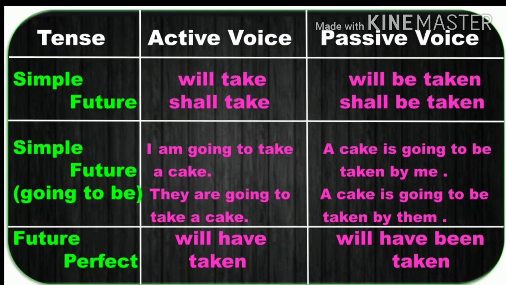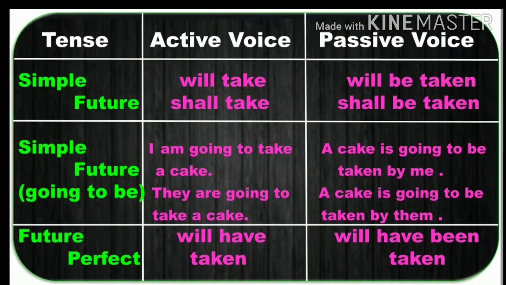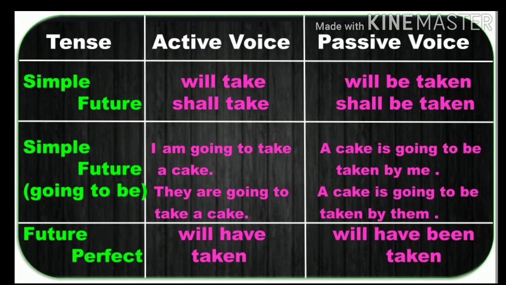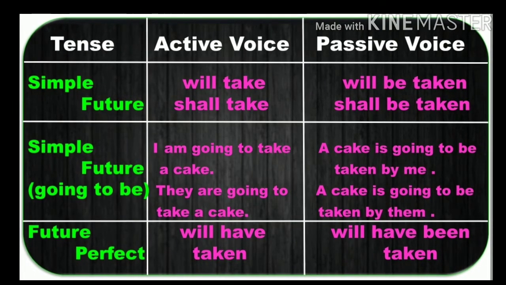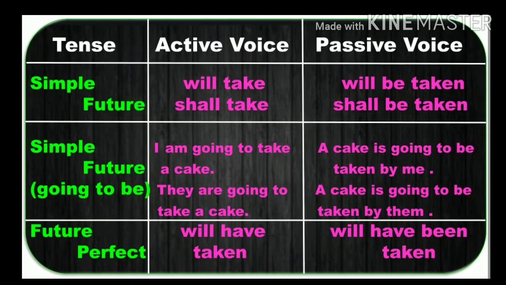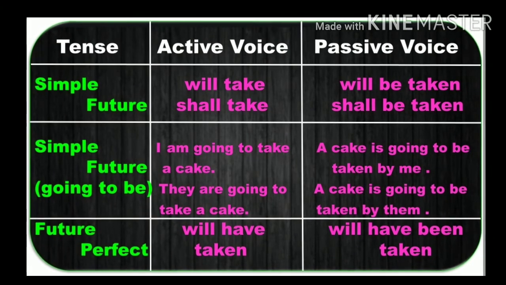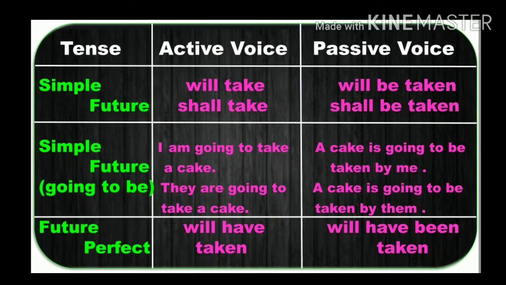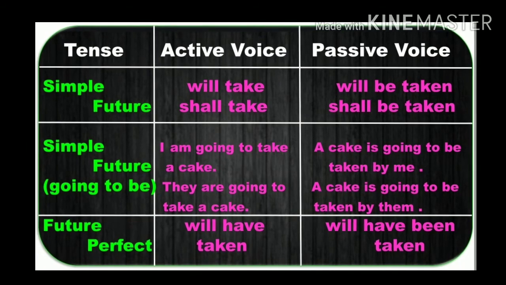And the next one is simple future tense. Future tense means usually we will have will or shall, can, may with the main verb, right? Yes. So in the passive voice, will, shall, may, can, the future helping verb will carry over. Along with that, we will use the auxiliary verb be, and with that, the past participle of the main verb.